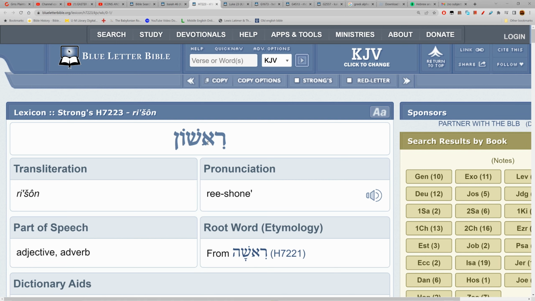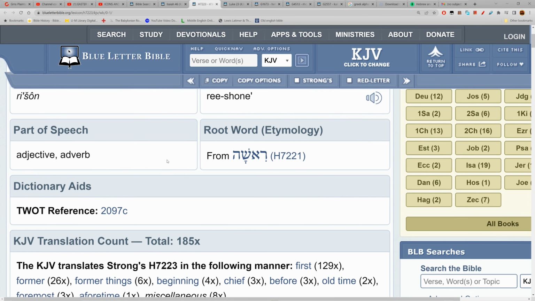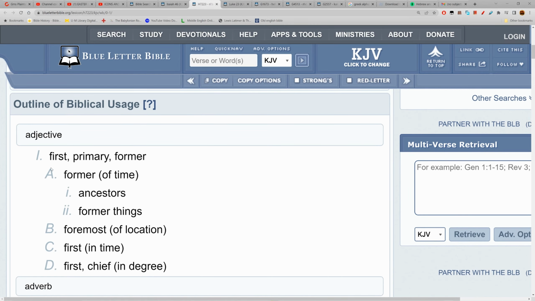Ra-a-sha-wa, no, you would connect the wa and the na and say wan. Ra'ashawan, which means first, primary, former, ancestors.